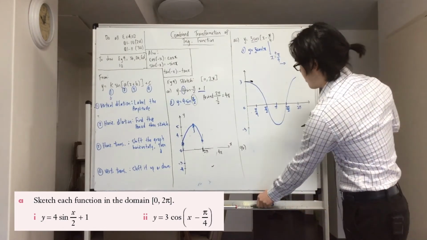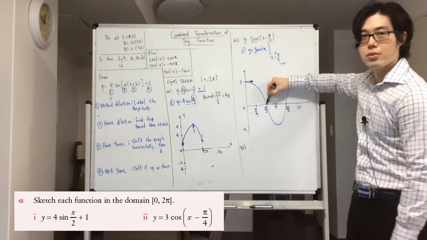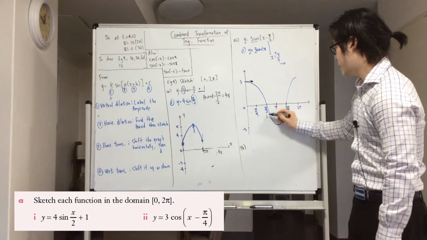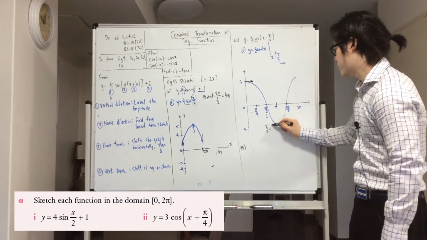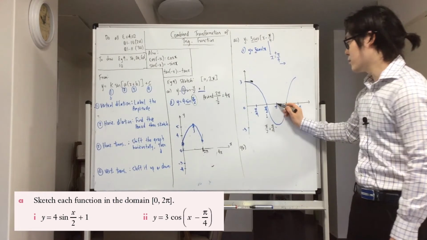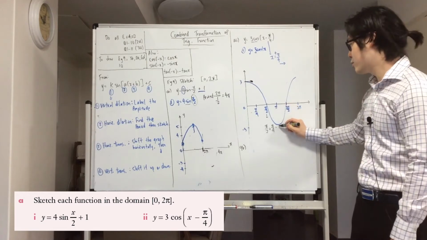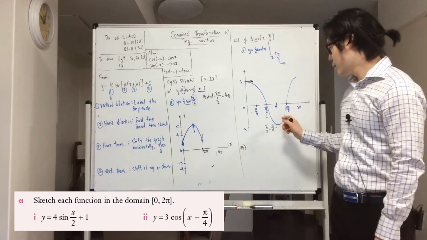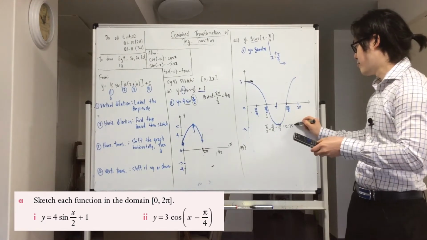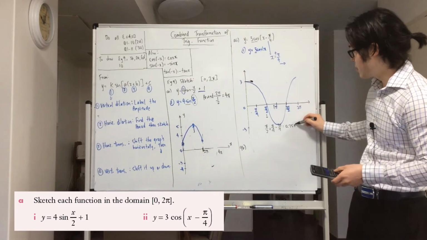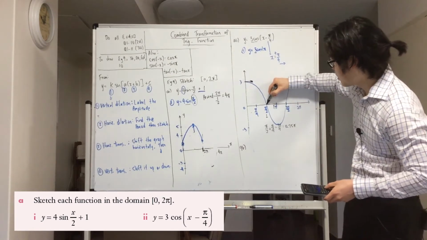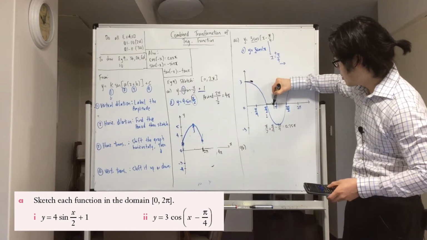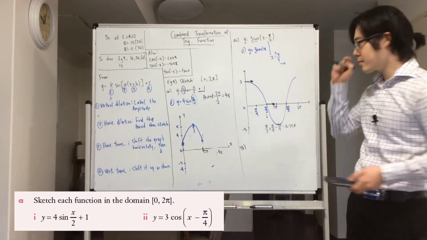Okay, now from pi over 2, if I do pi over 2 plus pi over 4, that does not get shifted to pi. That's the trap that a lot of students may fall into. It's 0.75 pi. So this is 1 pi. So 0.75 pi means it will be about there. So that's my new point there.